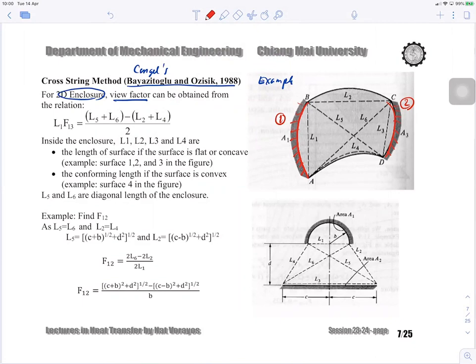Well, if you think of it, we have no surface on this side, and we have no surface on this side too.